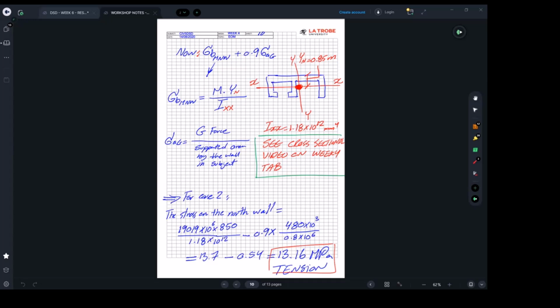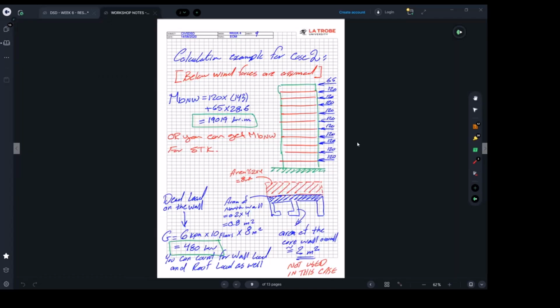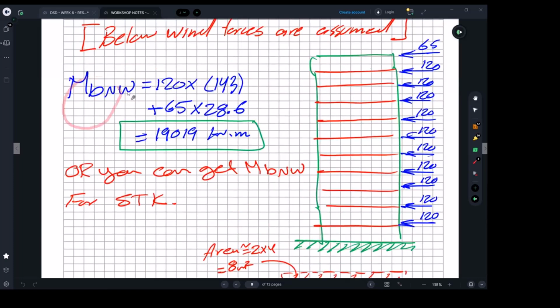Okay, so yes, Rashid. Sir, can you explain the part that you have showed, the building one, the wind part? Which one? The MB NW? This one? Yeah.